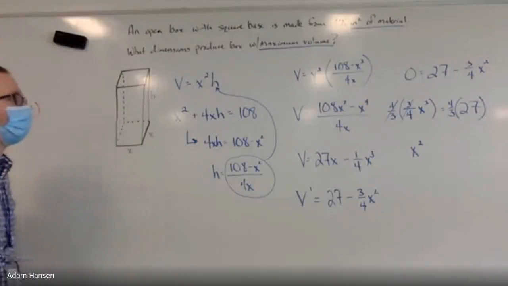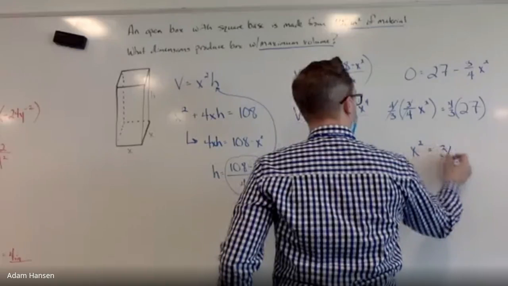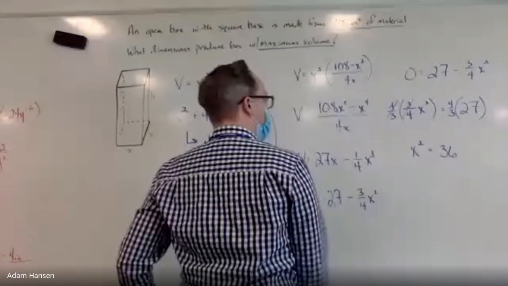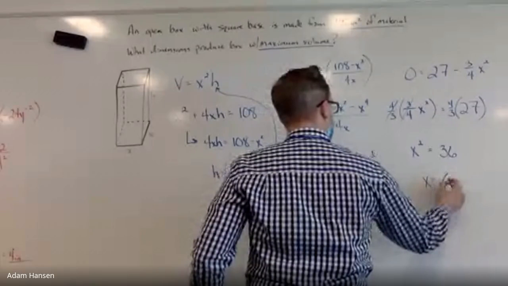So 1x squared, and bring down 4/3 of 27. What's a third of 27? 9. So 4/3 would be 9 four times. That's going to be 36. Works out nice. Because if x squared equals 36, that means that x has to be 6 inches.